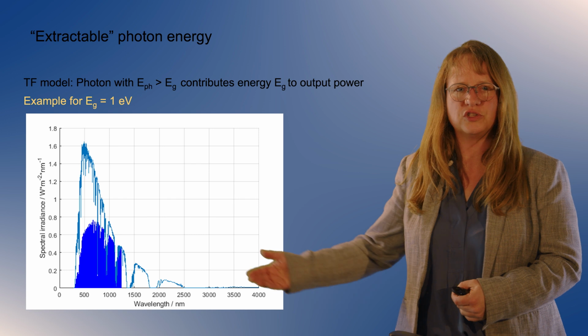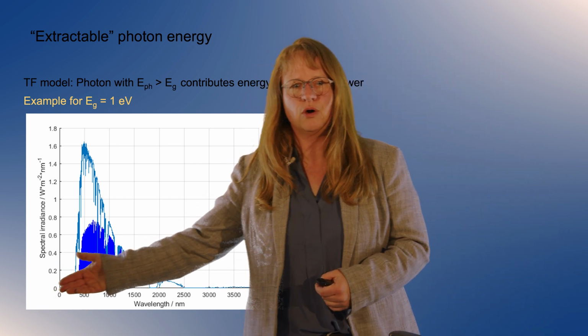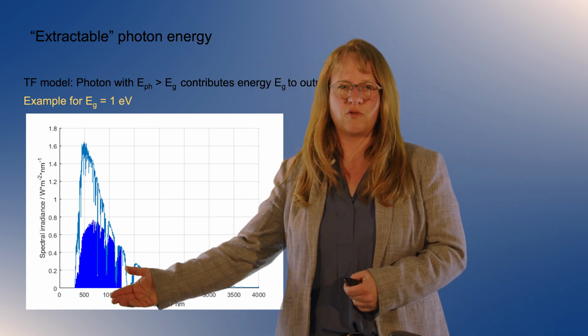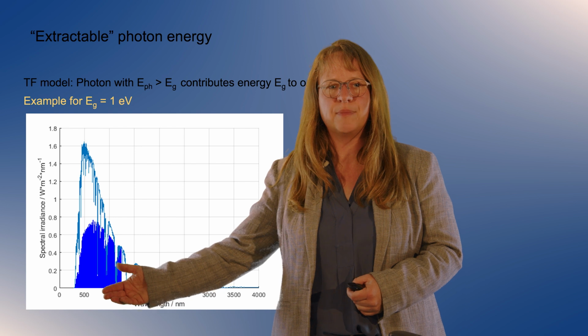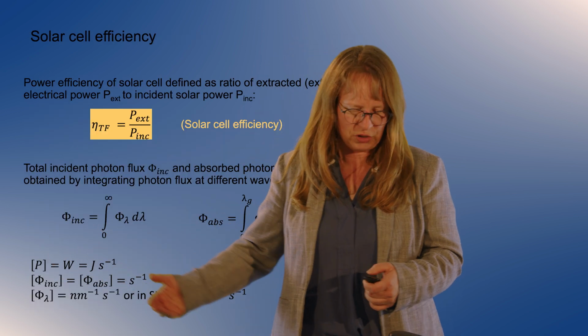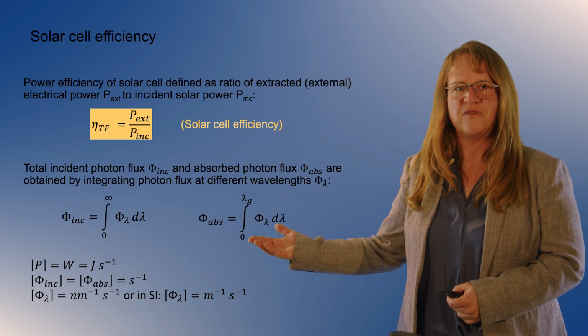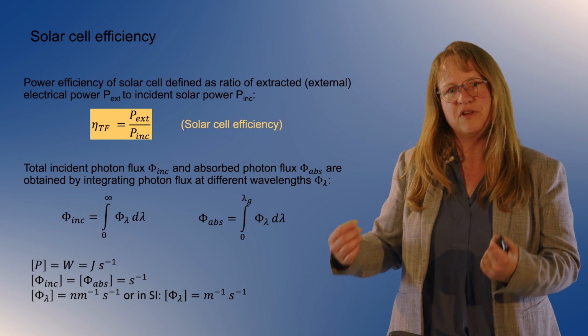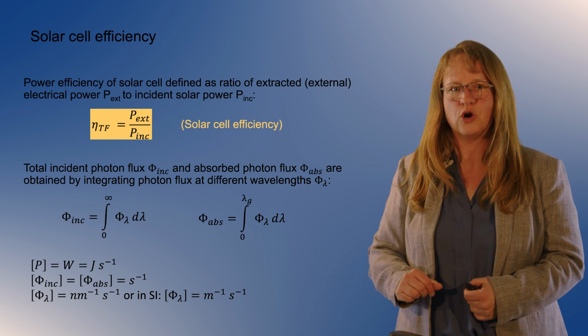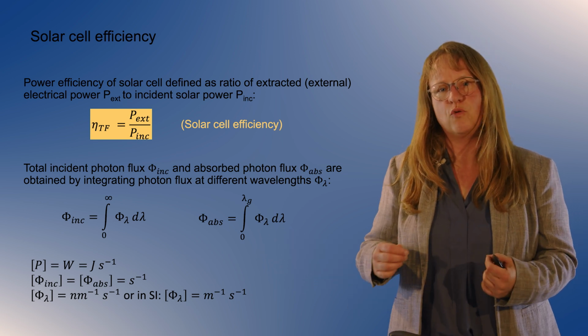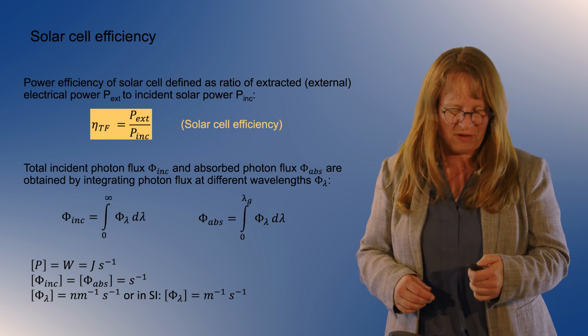I will go back once more. So we integrate from 0 to the band gap wavelength, or the wavelength corresponding to the band gap. This gives us all of these photons. So the phi absorbed in this simplified model is all photons that have a wavelength shorter than the band gap wavelength.